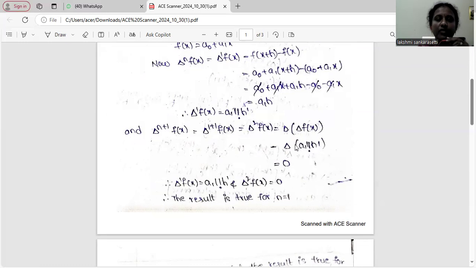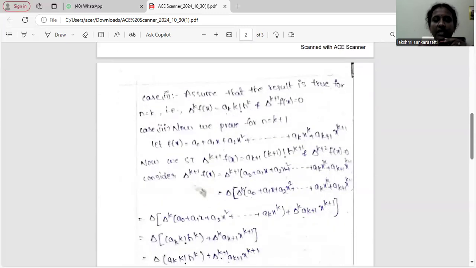The difference of a constant is 0. So delta power n of f of x is an into n factorial into h power n, and delta power n plus 1 of f of x is equal to 0. In this case, the result is true for n equal to 1.